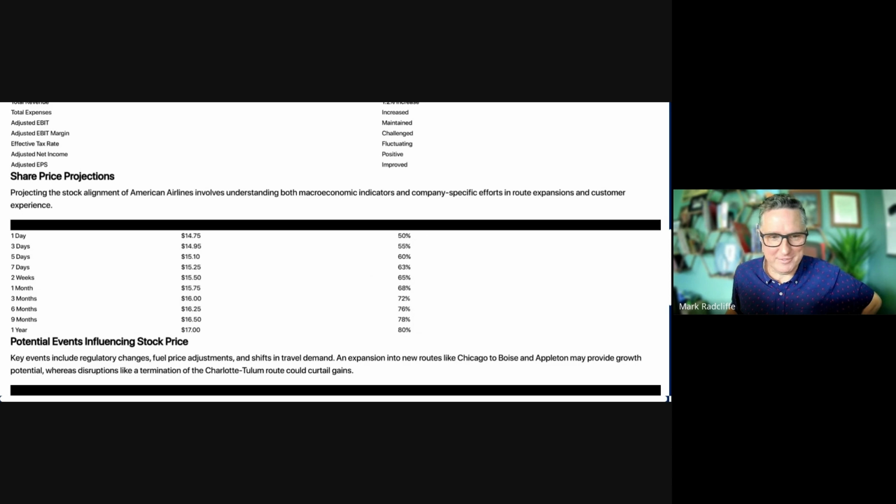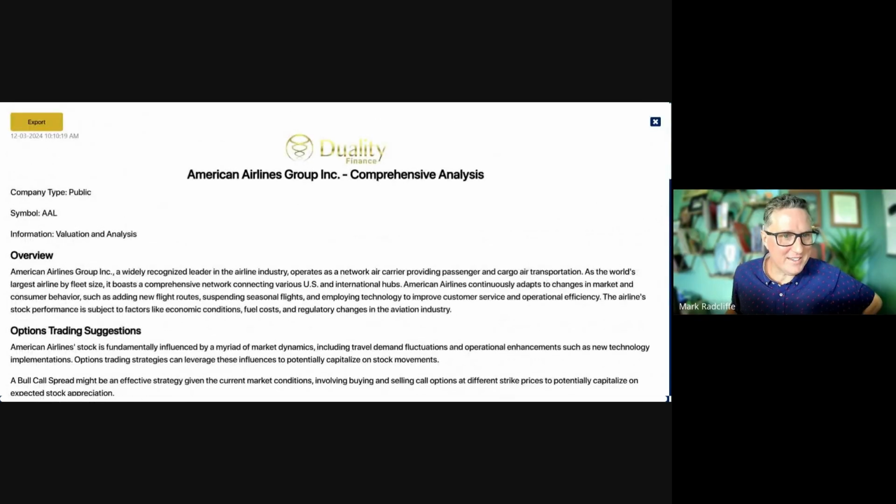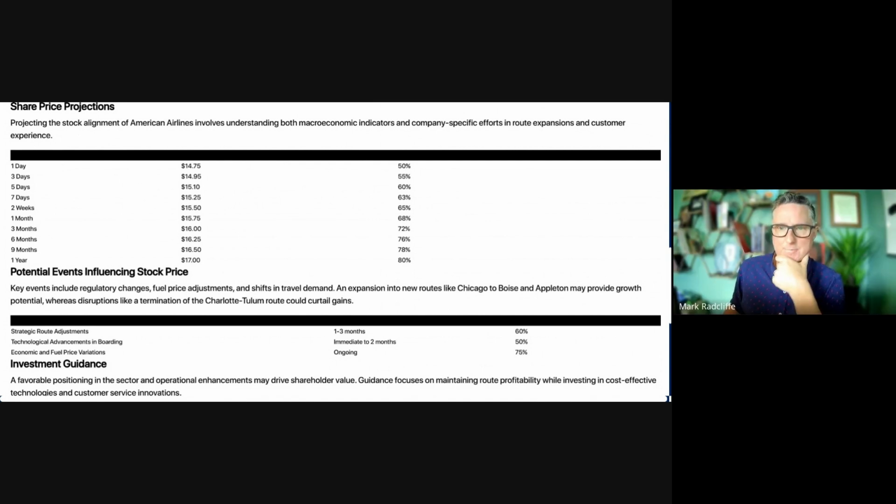I love pushing the limits, man. So this is American Airlines. What are you thinking on this one as you look at this price projection, Harun? So over here, first thing, I'm looking at some lower likelihoods in the short-term spectrum.